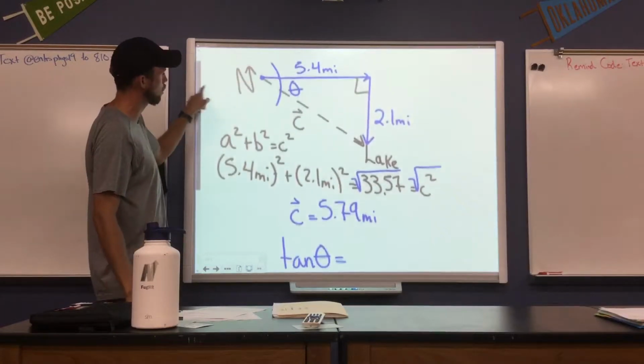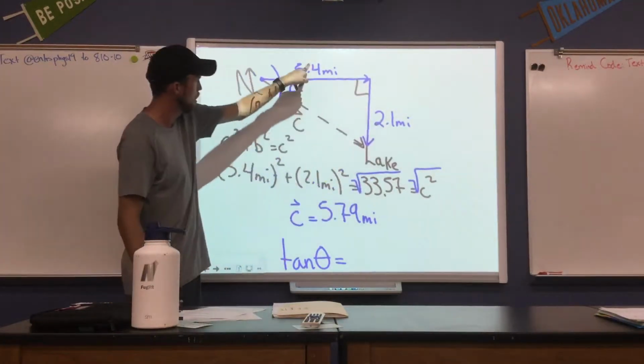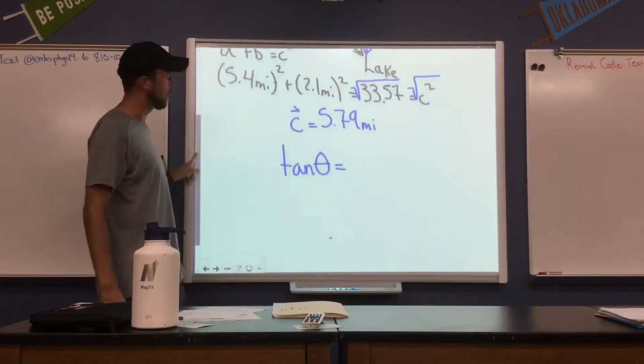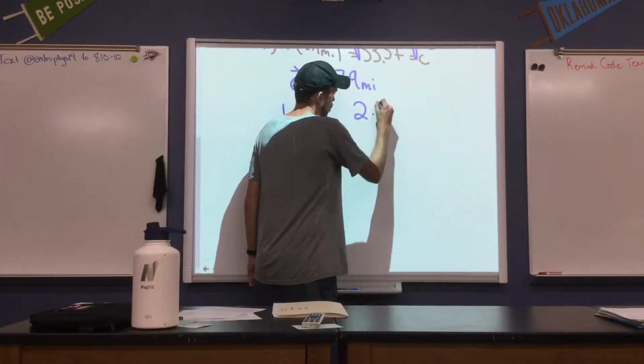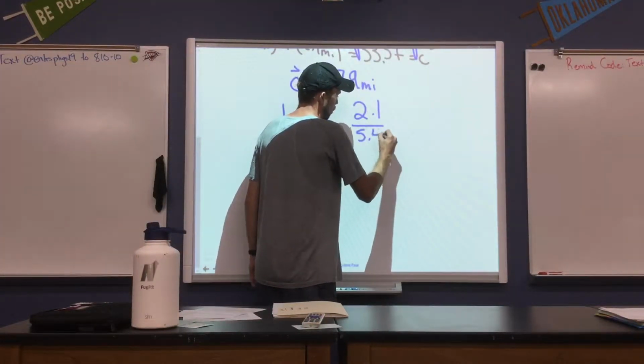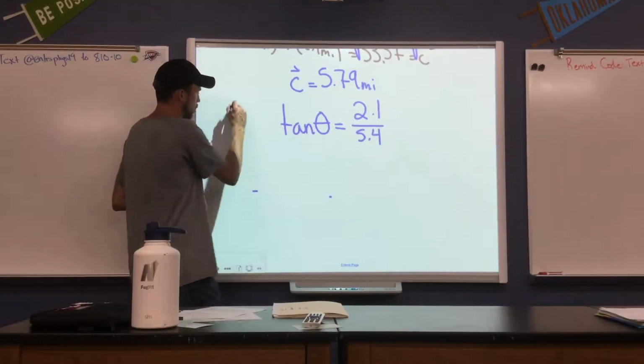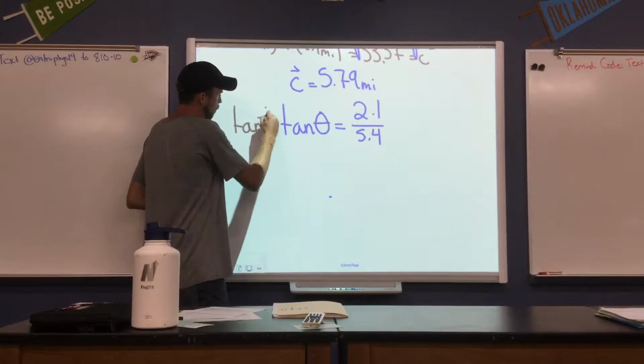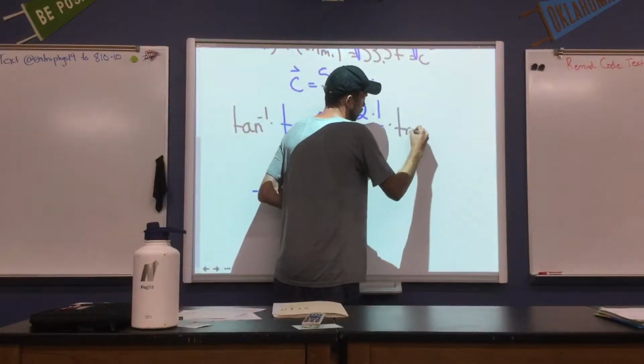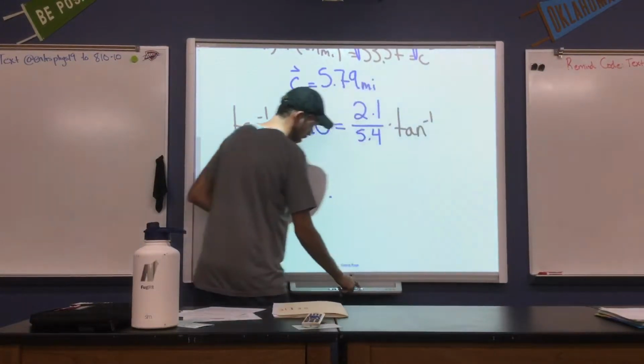Opposite is directly across from our angle, 2.1, divided by adjacent, which is the side touching that's not our hypotenuse. So 2.1 divided by 5.4. Then to get theta by itself, we need to get rid of the tangent attached to it. So we'll multiply by inverse tangent on both sides of our equation here.